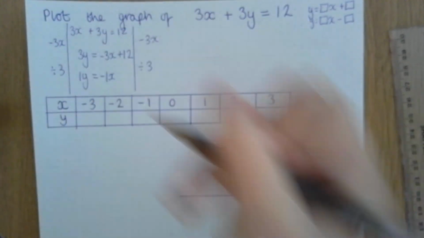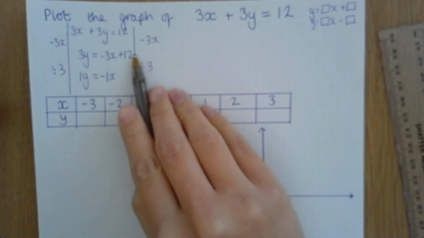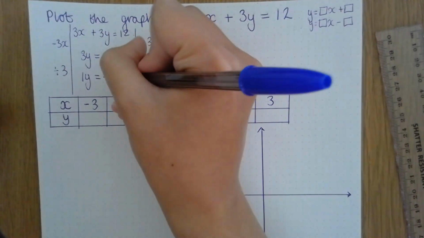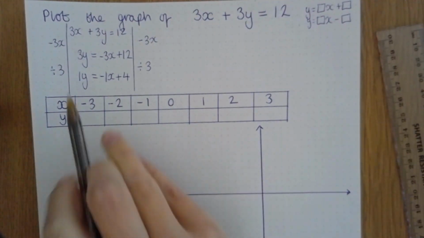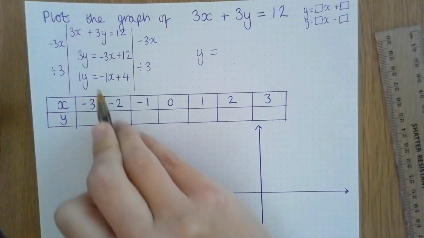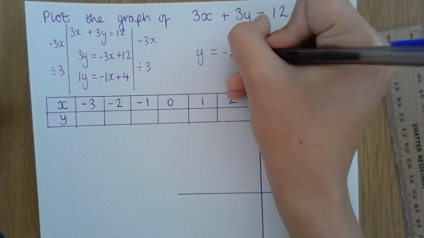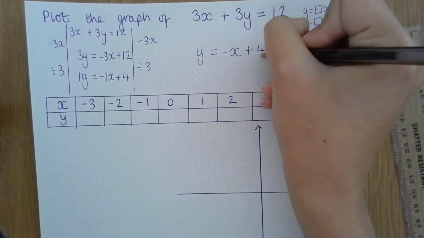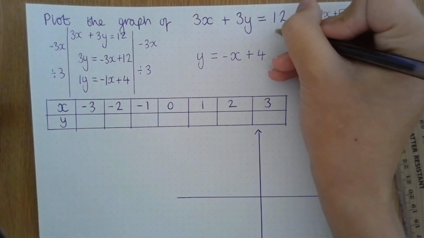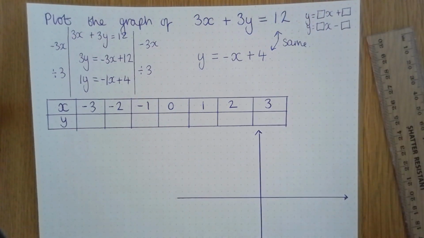You can put a 1 before, it doesn't make a difference. And then plus 12 divided by 3 is plus 4. So now we don't need the 1y. I'm just going to write y equals, I don't need the 1x, so I'm going to just put negative x plus 4. Remember these are the same, they've just been rearranged.